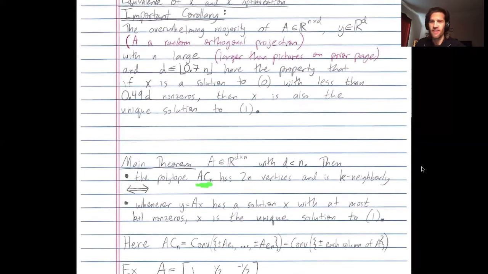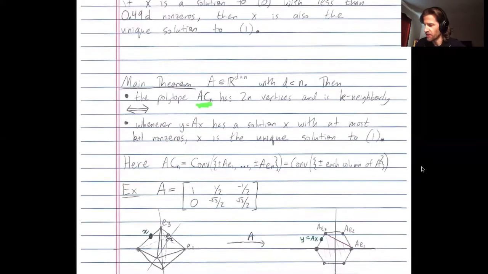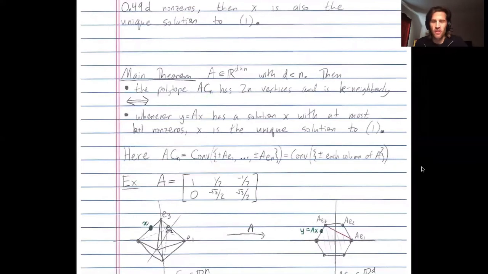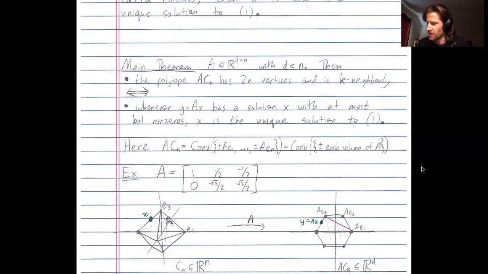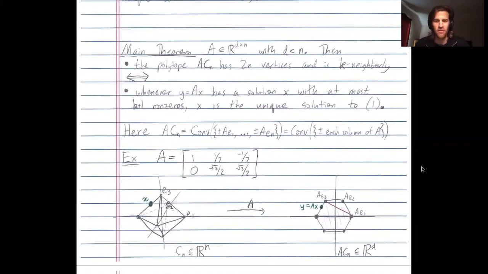ACn is just the polytope we obtain by multiplying by matrix A. So let me quickly get to a picture. Let's choose a 2x3 matrix, which maps from 3D down to 2D. So here on the left, I have 3D, and my 3D cross polytope, when I multiply and map down into 2D space, it just hits this octahedron.